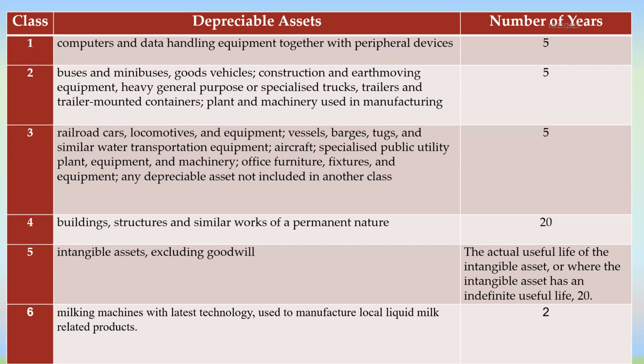Leasing right, we can't see, we can't touch, it is an intangible asset. So if we know the leasing period, we can depreciate that leasing right over that leasing period. If we don't know that, we can divide it by 20 years.